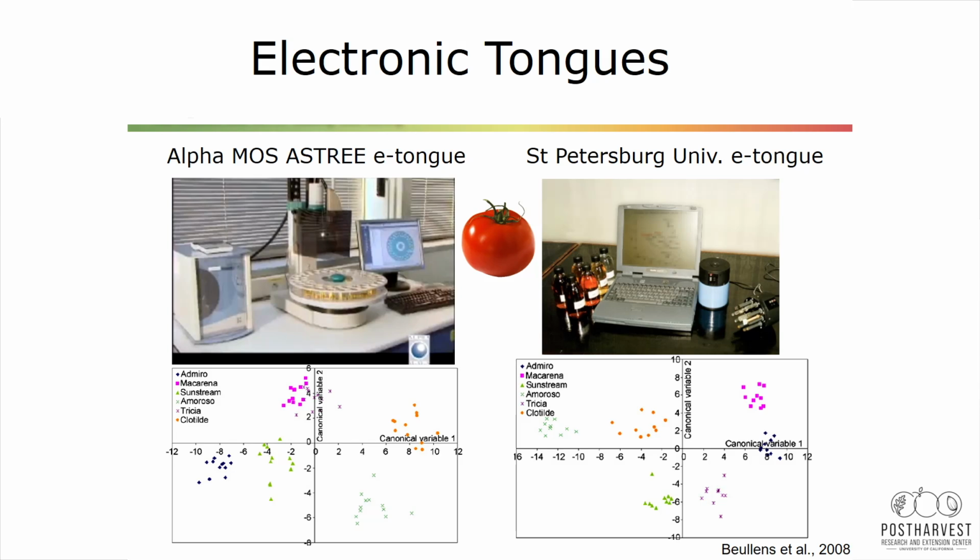And they are pretty good at discriminating here between different varieties of tomato. The groups here are different samples of the same variety. And you can see that they do a decent enough job segregating things. So you may be able to use that to, again, ask questions about the taste of your fruit.